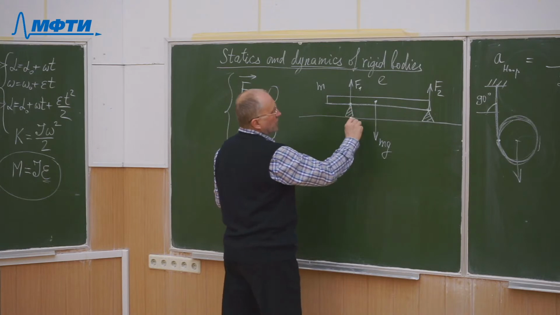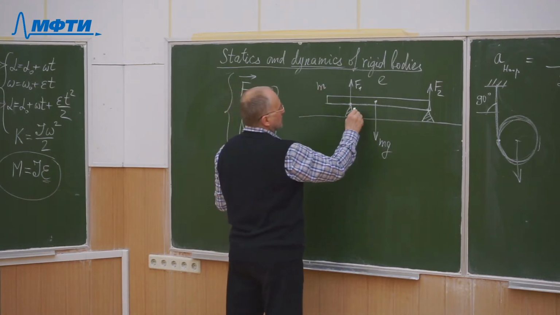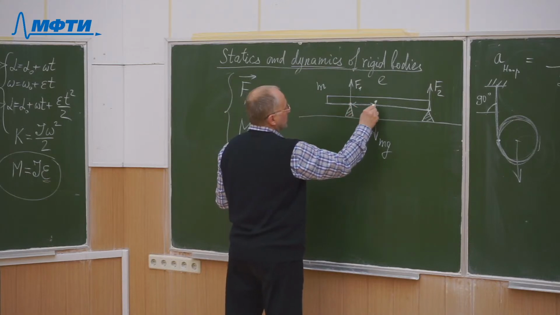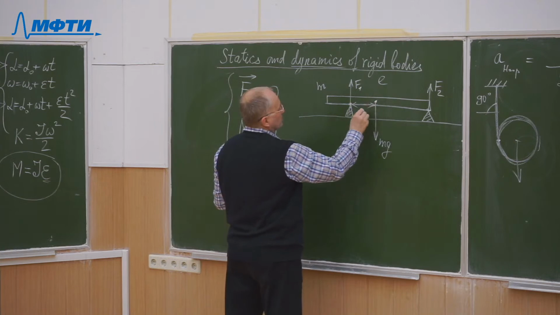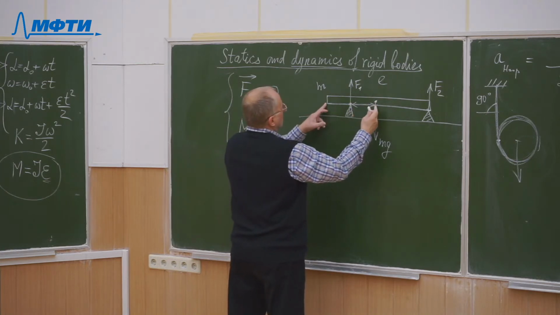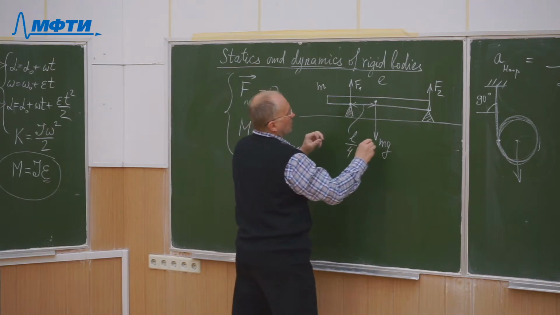And in order to solve this problem, we have to indicate this distance of the first support from the center of mass. Let it be just half of this section of the bar. So this length will be L over 4.